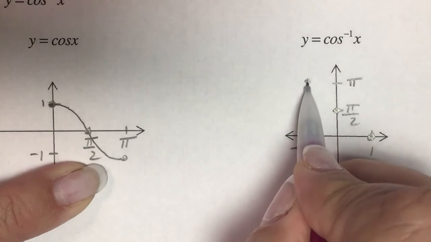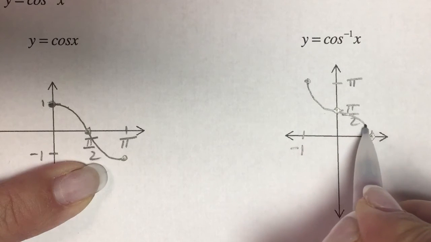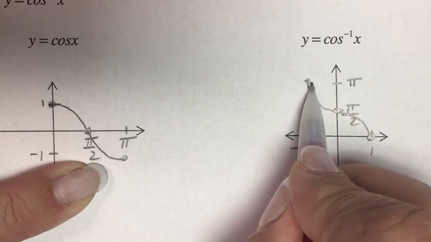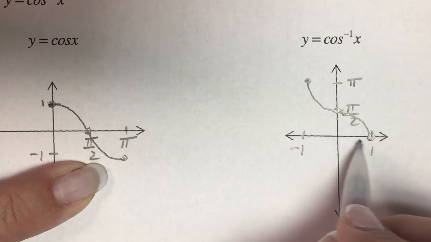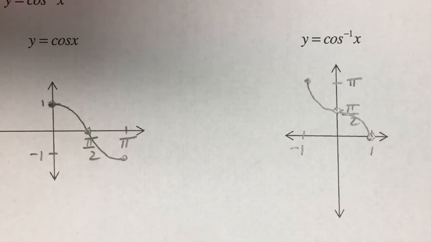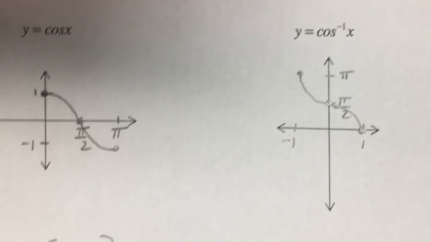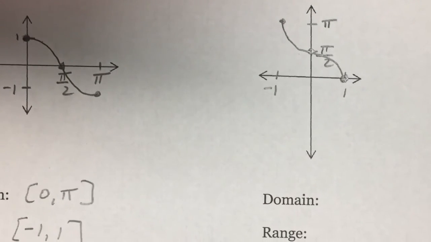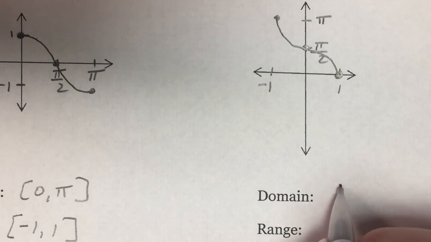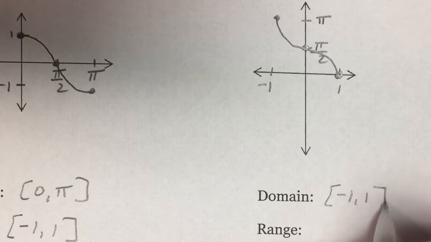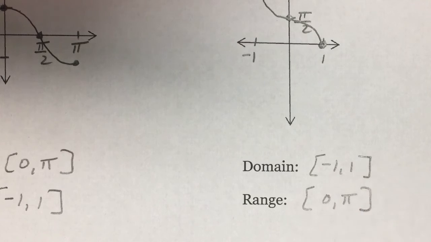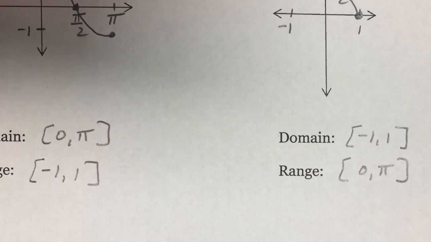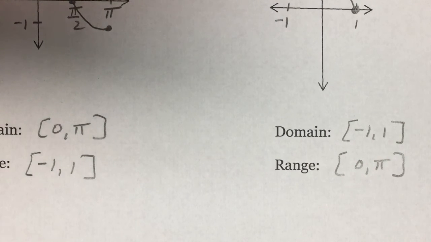And again, make sure when you graph it that you get the curve going correctly. Don't make it go like this. If you went like that, it wouldn't look like the cosine function when you flipped it. So your domain is obviously negative 1 to 1, and your range is from 0 to pi because it's the domain and the range of the regular cosine graph with its restricted domain.